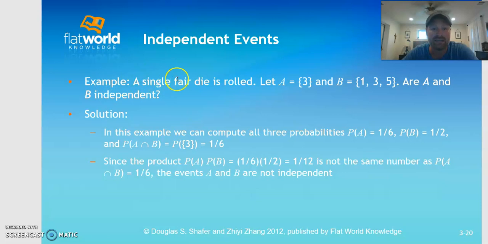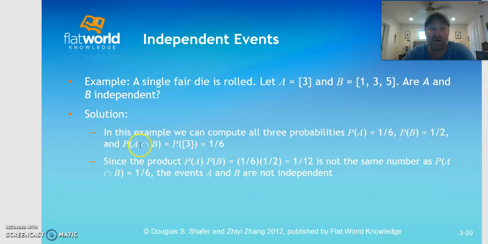So in this particular case, a single fair die is rolled. Let A equal the set 3 and B equal the set that includes 1, 3, and 5. Are A and B independent? So in this example, we can compute all three probabilities. Probability of A is 1/6. The probability of B is 1/2.